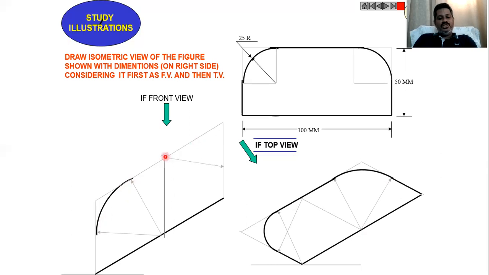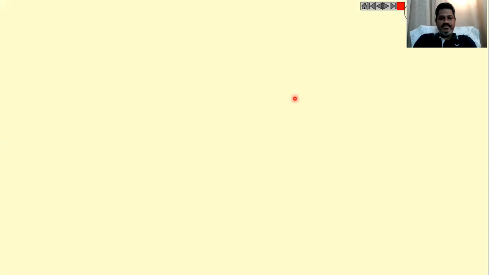Then join the intersection point and midpoint for this side, and similarly join this corner and midpoint of this square side. Then take this as center and this length as radius. Draw an arc. Then join all these lines to complete the front view of the given figure.